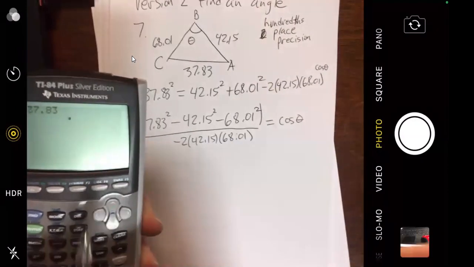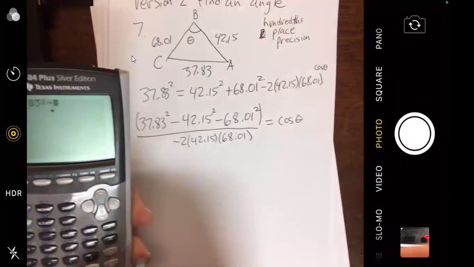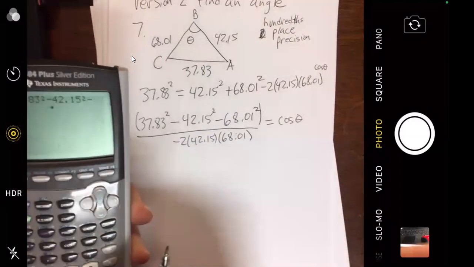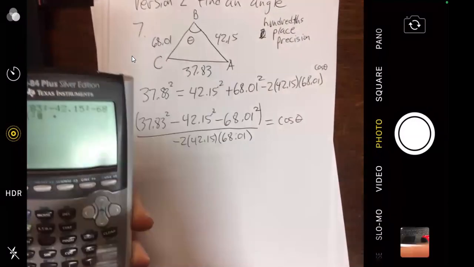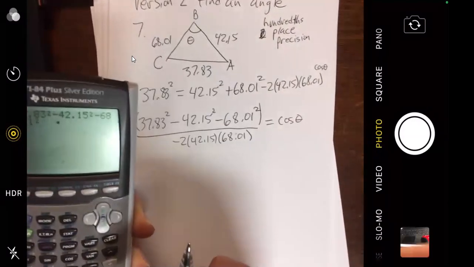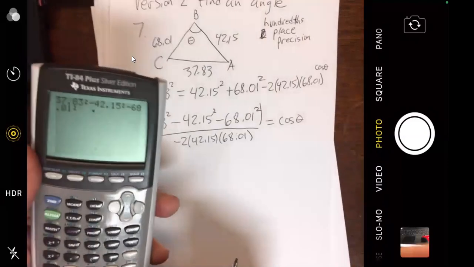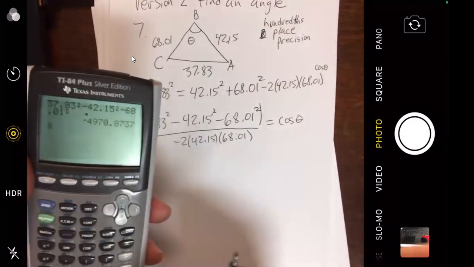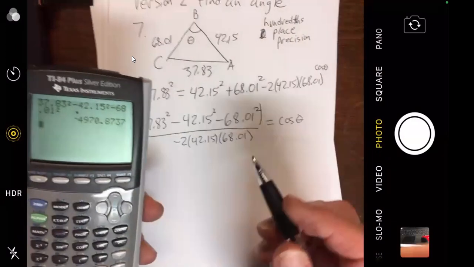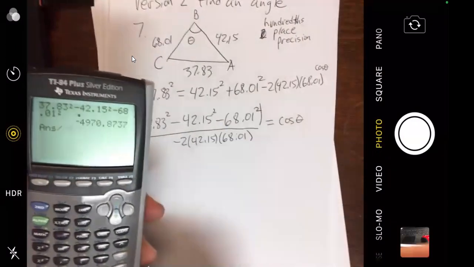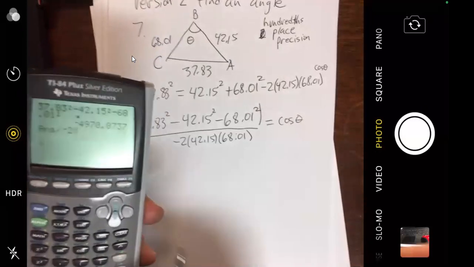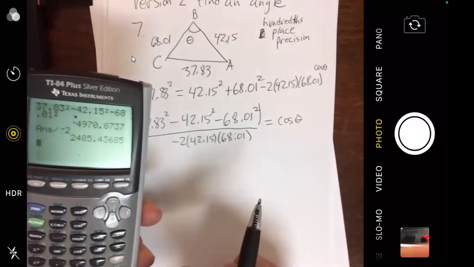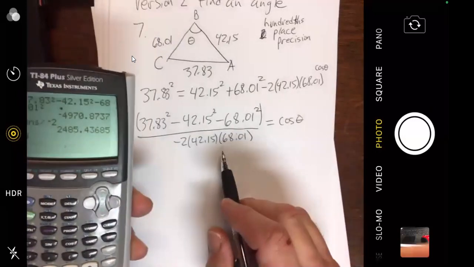37.83 squared. Subtract 42.15 squared. Subtract 68.01 squared. You can do this however you want. You should have put it in parentheses if you're going to punch the whole thing, but I'll just hit enter. You can divide by each of these pieces individually. Divide by the negative 2. By the way, this answer can come out positive or negative.